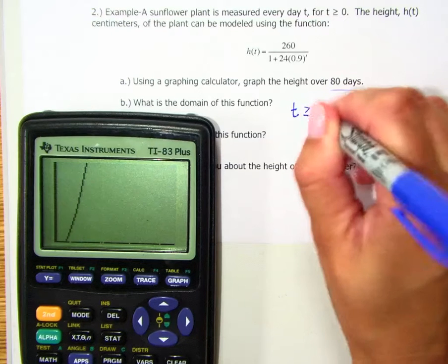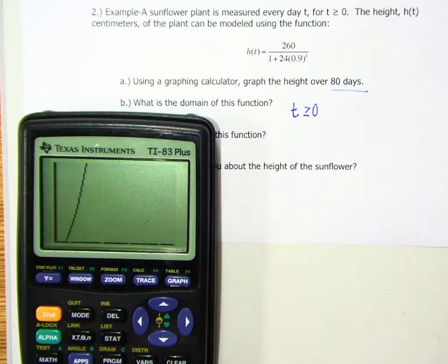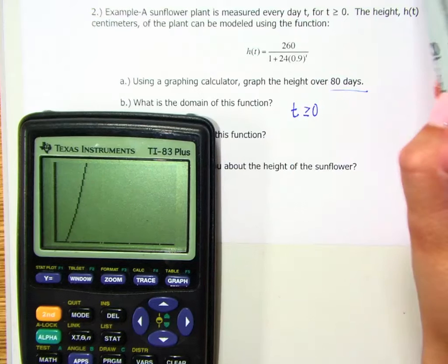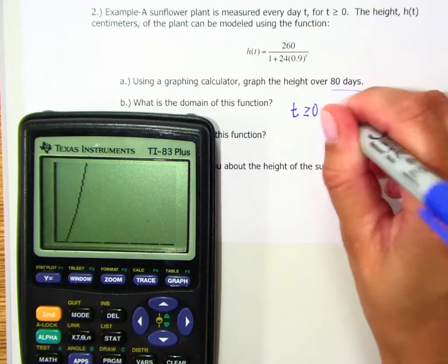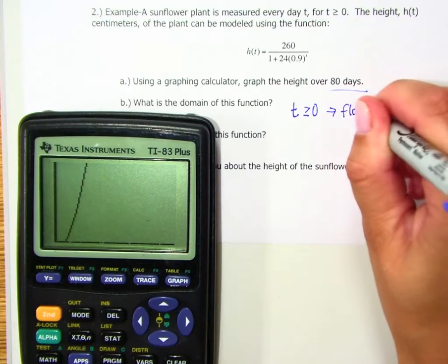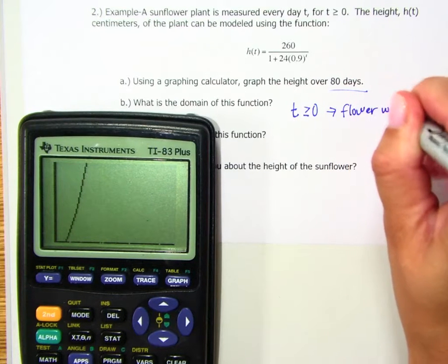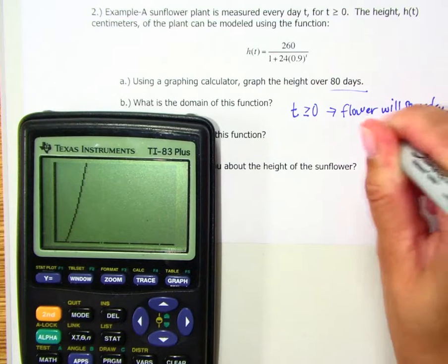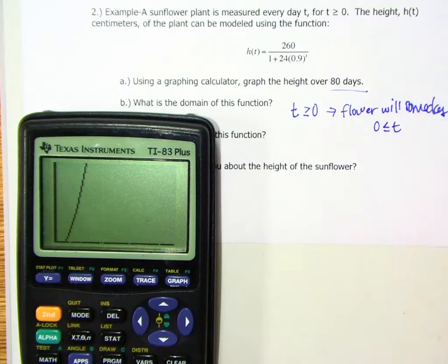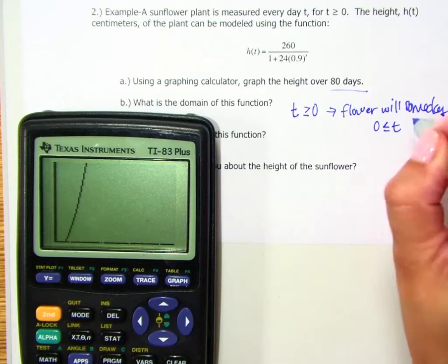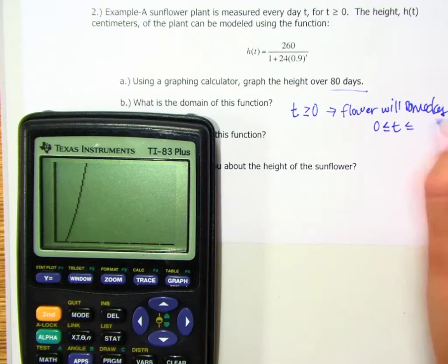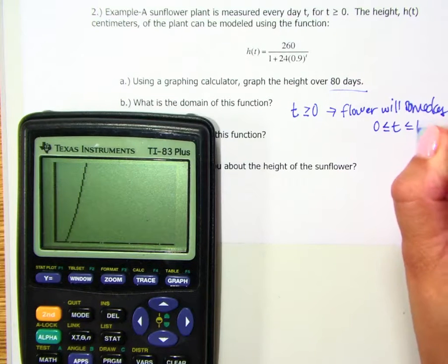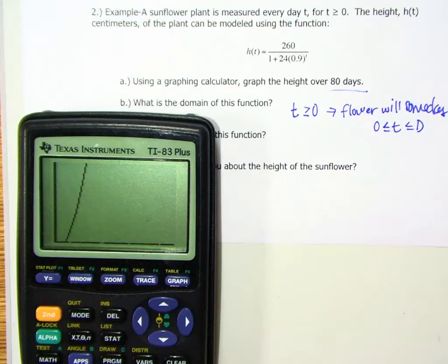I know that t has to be greater than or equal to 0, but very similar to the cab ride, unfortunately, the flower will someday die. So if we consider that, t has to be greater than or equal to 0, but then less than or equal to, this is really morbid, but capital D for when the flower dies. Sad.